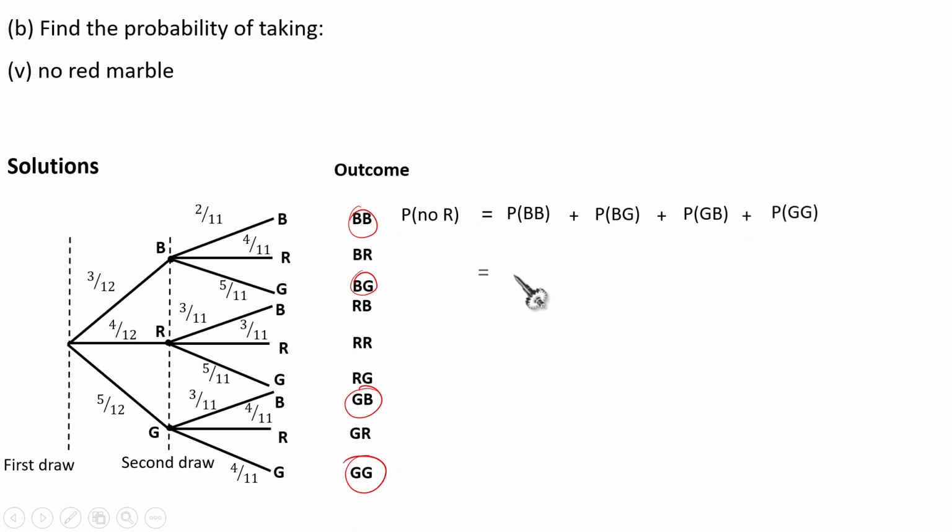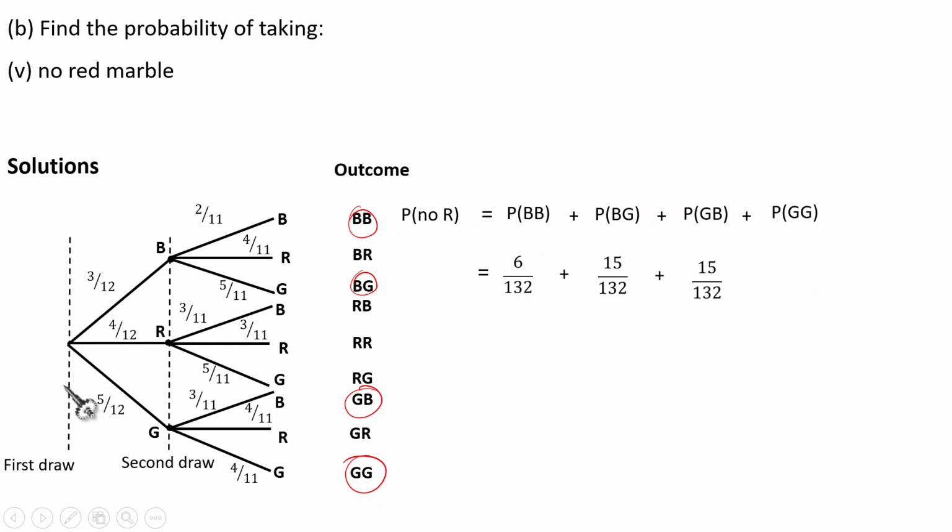Then you say equals, then for this one you get this times that, which will give you this. Plus, for this one here, you get this times this, you get that one. Then for this one you get this times this, which will give you this one here.